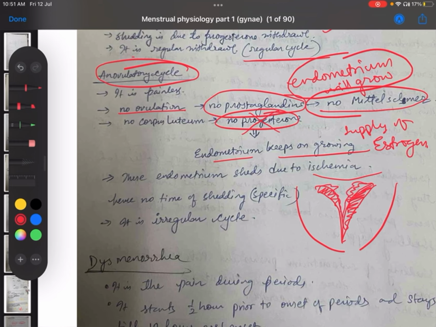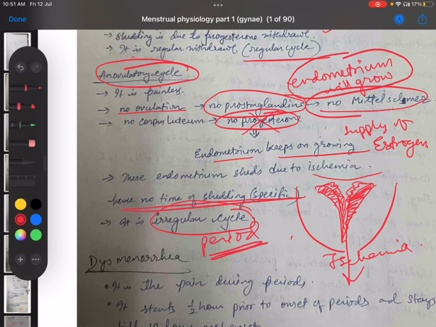The time will come when it will no more get the blood supply. As a result, due to ischemia, it will automatically break down. But the time is not fixed. It may be any time. That's why they are having irregular cycles, irregular periods. Very important: there is no specific time of shedding. The endometrium sheds due to ischemia.